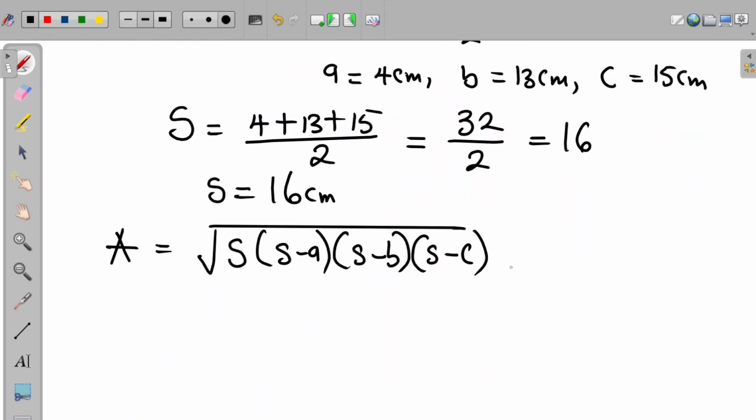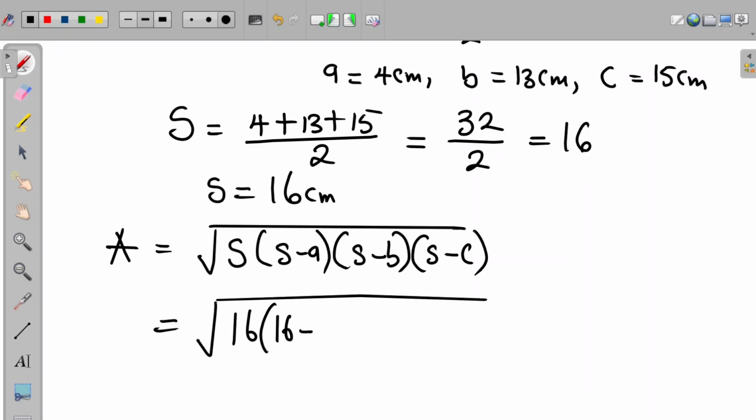So at this point, if we substitute, this becomes the root of 16 multiplied by (16 minus 4) multiplied by (16 minus 13) multiplied by (16 minus 15).